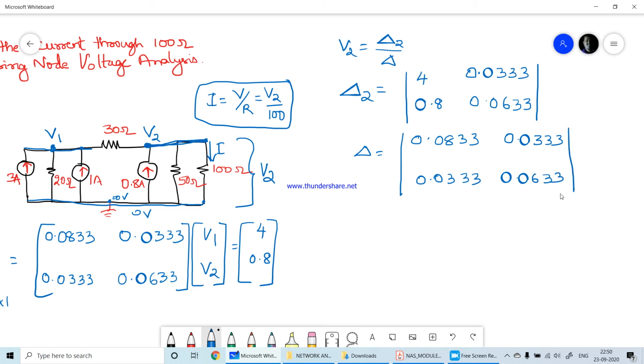Leaving the principal diagonals, the other two elements will be negative.